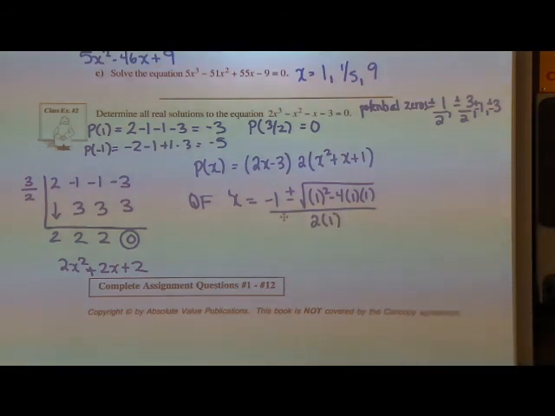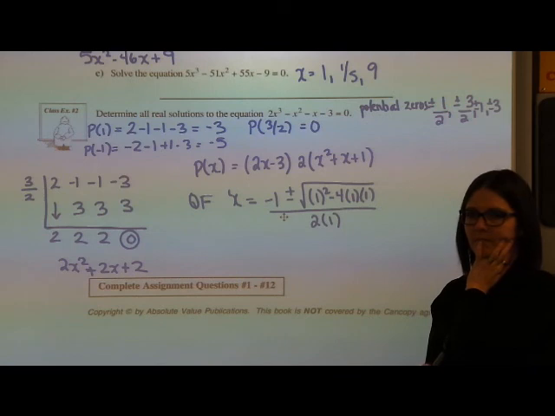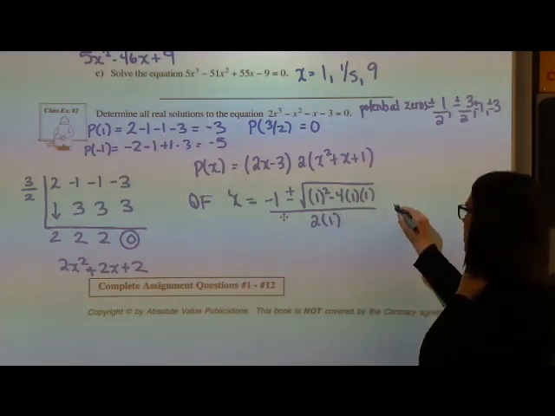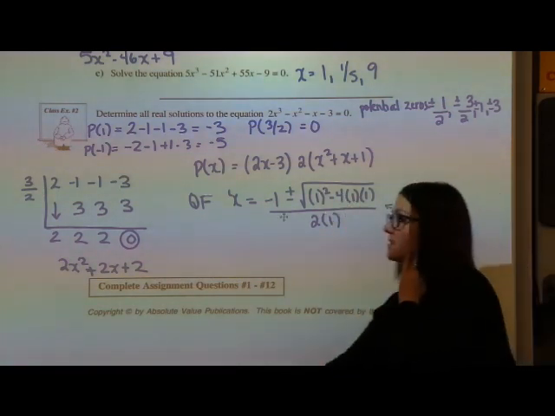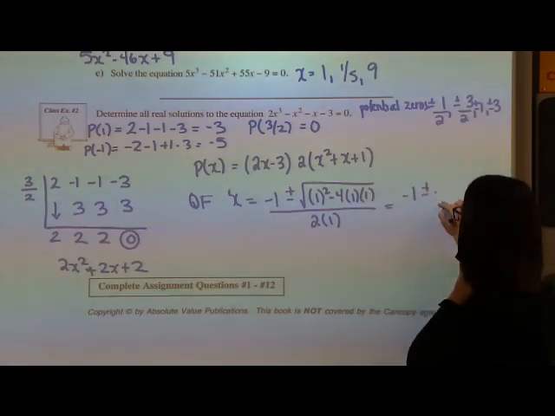So what is 1 squared? 1. And 4 times 1 times 1? So what's 1 minus 4? Negative 3. So now I've got negative 1 plus or minus the square root of negative 3 over 2.